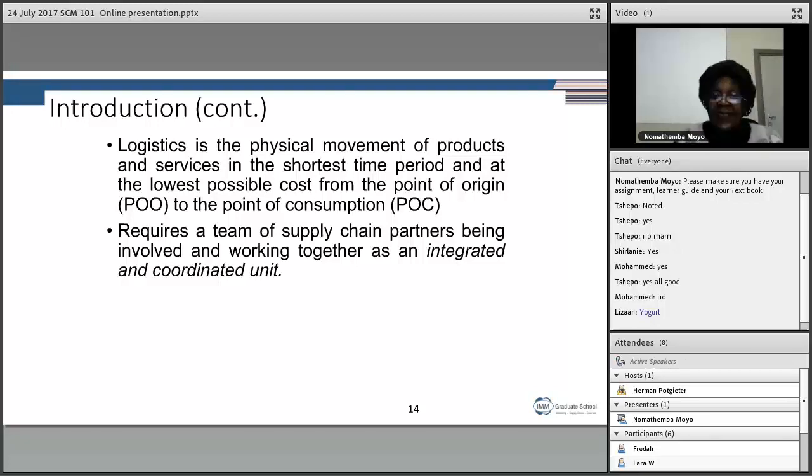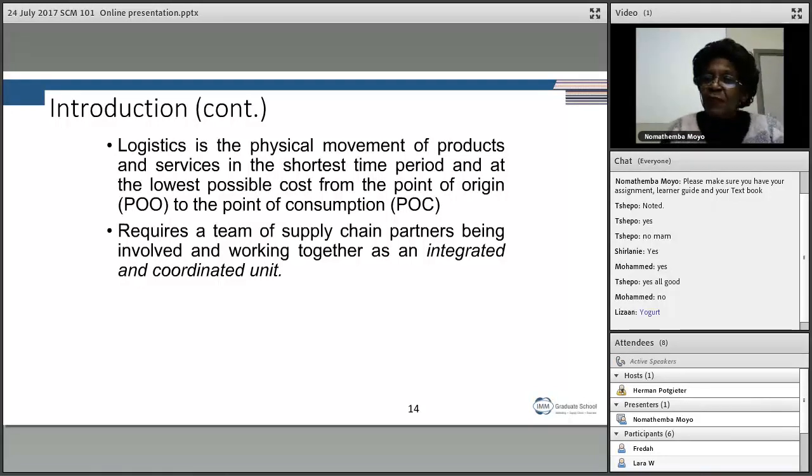It requires a team of supply chain partners. Obviously, whoever is manufacturing the wine in Cape Town will have to be a team with the people that supply him with the grapes, and he also has to be in partnership with the people that are going to distribute the wine for him, like the wholesalers, retailers, the agents going downstream from upstream.